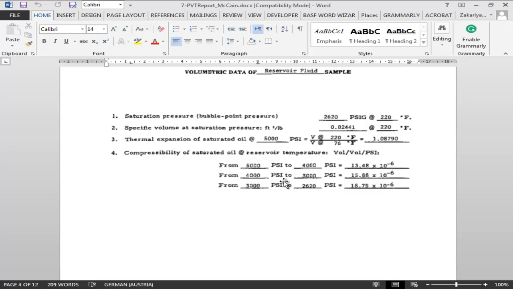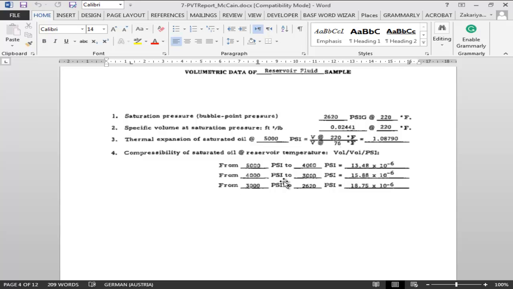It's the third reference here. How you calculate compressibility. So compressibility usually, volume pressure, it usually looks like this.